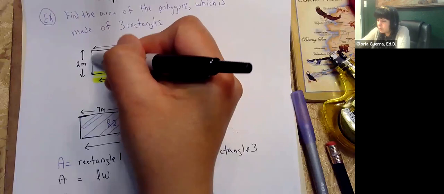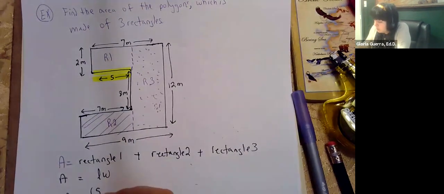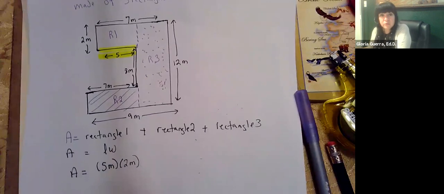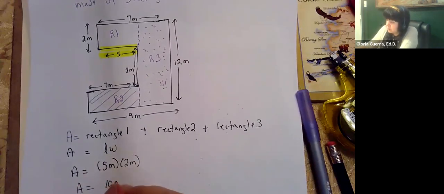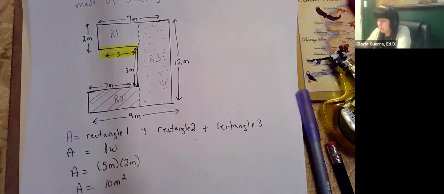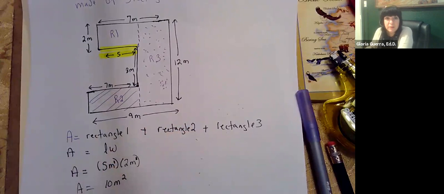So this is going to be 5 meters for length times 2 meters, and 5 times 2 is going to be a total of 10 meters squared.